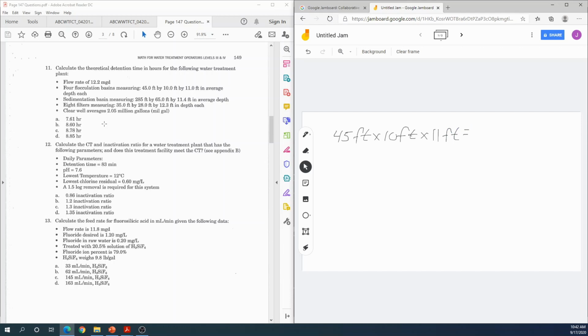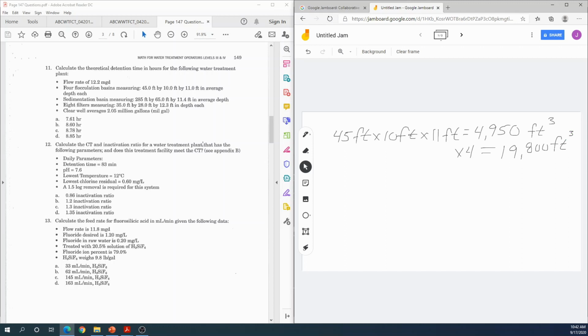So 45 times 10 times 11, we get 4,950 cubic feet. We have 4 of these though, so that's going to equal 19,800 cubic feet.